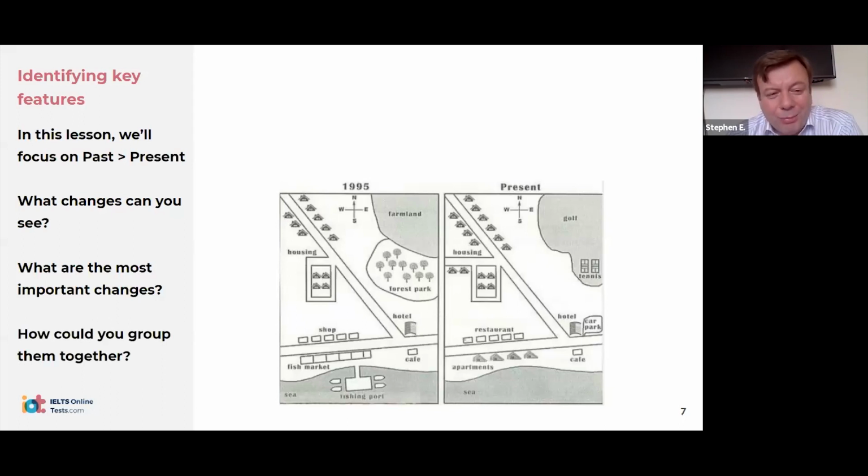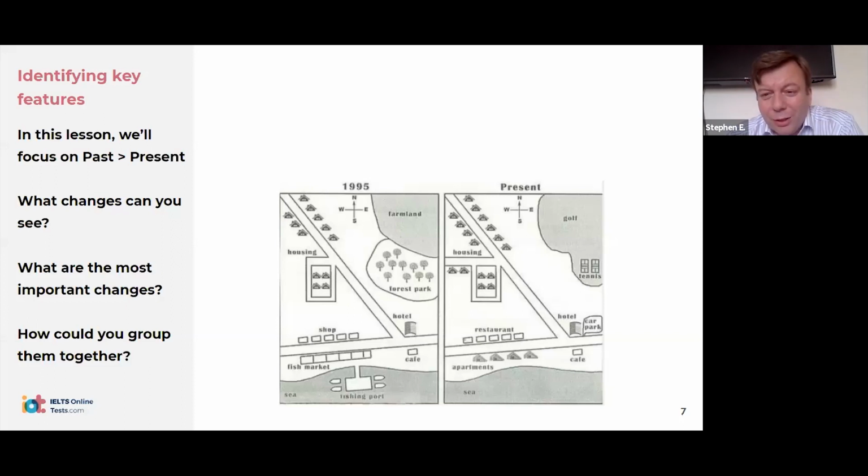So how could you group some of this information together then? What information do you think you might group together? Golf and tennis, okay, good. Okay, urbanization, golf course, yeah, houses, apartments. Stephen there, okay, you've got north, east, west, south, okay, good.